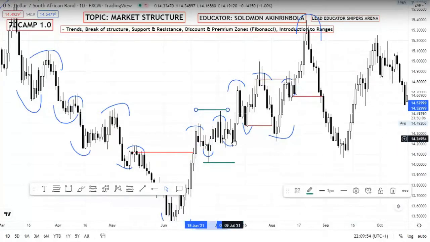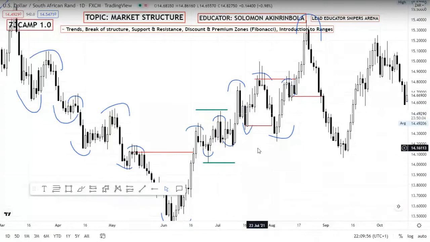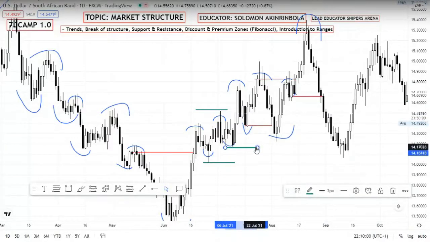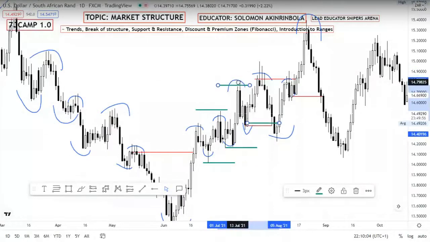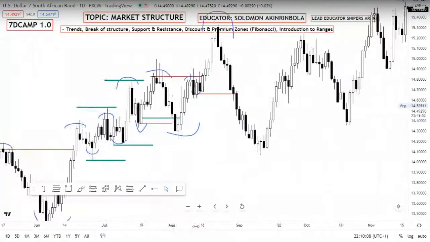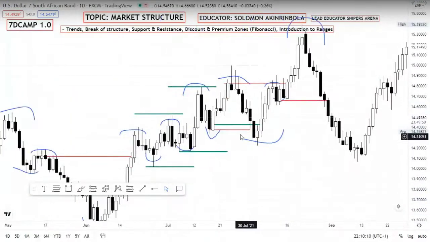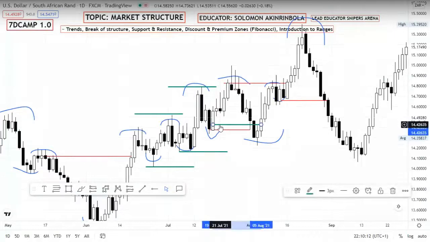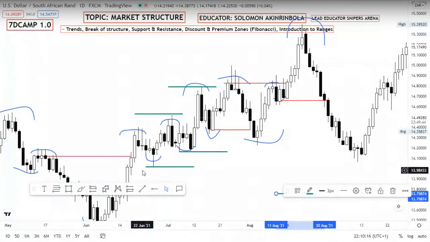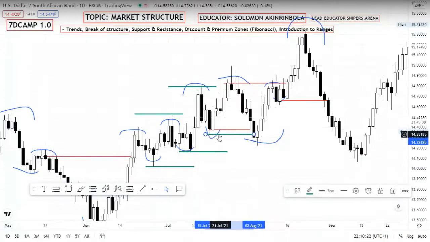Range, high, low. Then what did price do again? It came to this place. It was this range. This to this range, this to this range. Now the next range is this, this to this place.